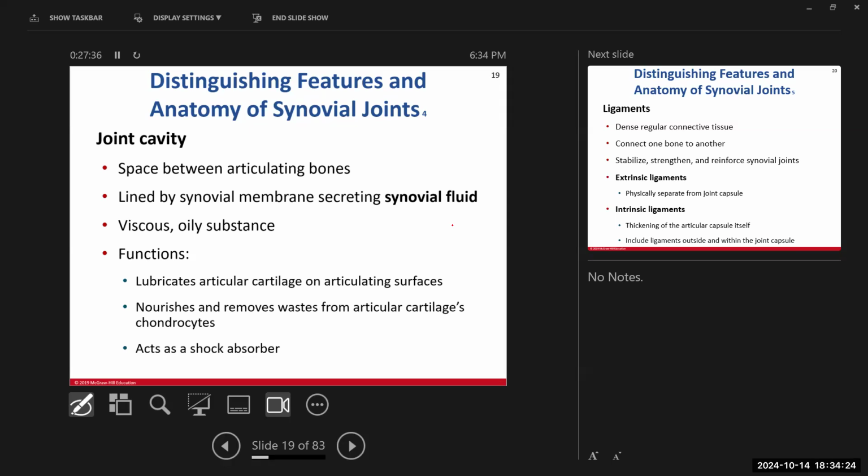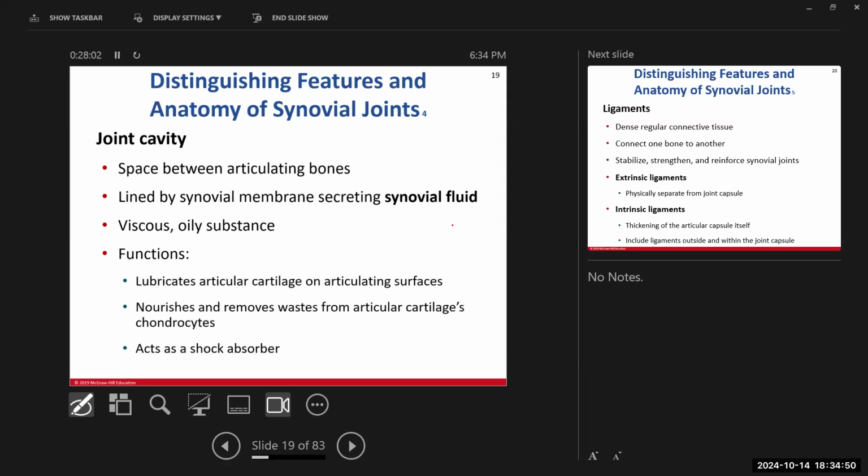We've talked about both the inner and outer layers there. We've talked about the articular cartilage. Now about the joint cavity itself. It is a space filled with synovial fluid. Synovial fluid is thicker than water, so it has a more viscous composition, almost like engine oil. If you've ever seen or touched motor oil, it's a little bit like that.